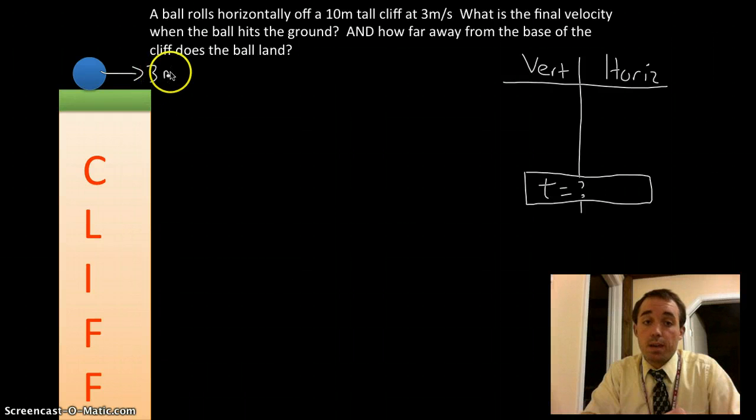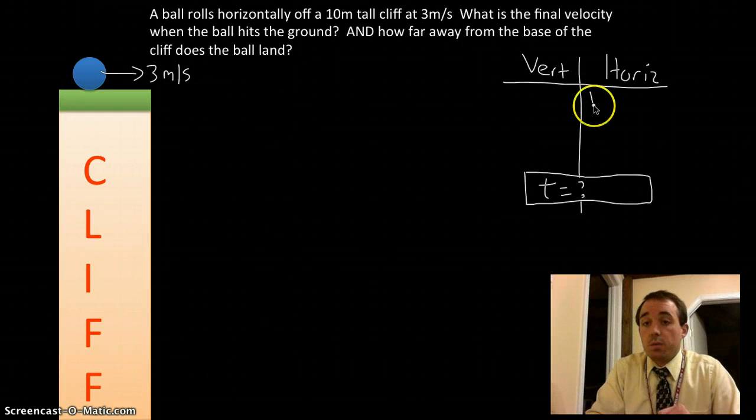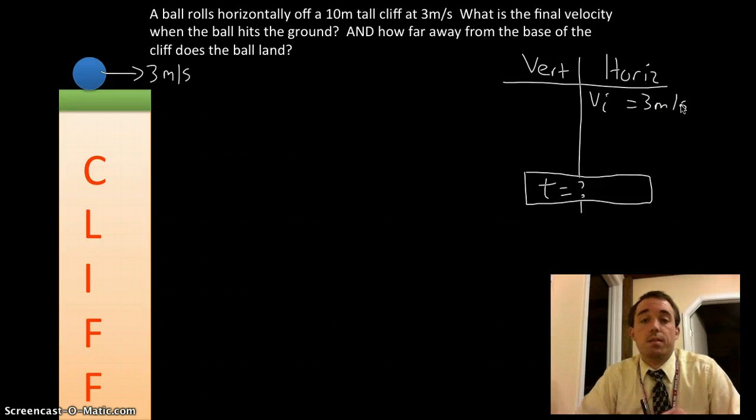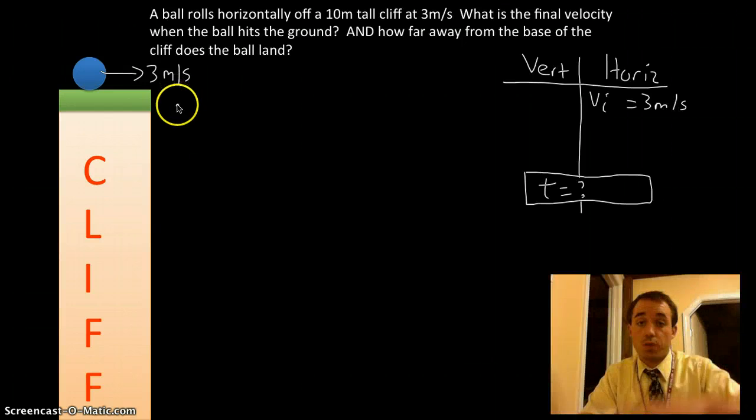So let's start just identifying some of our knowns. This 3 meters per second, going along with the last video where it's as if gravity were turned off, this ball is always traveling horizontally at 3 meters per second. So our VI is 3 meters per second. Just like in the last video also, as soon as the ball leaves the cliff, its vertical piece is almost as if it were just dropped.